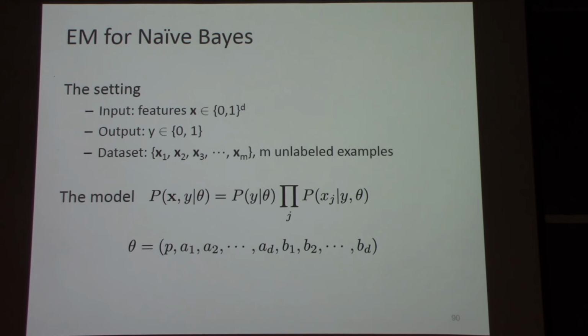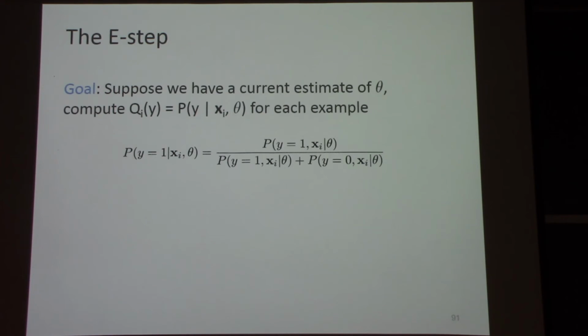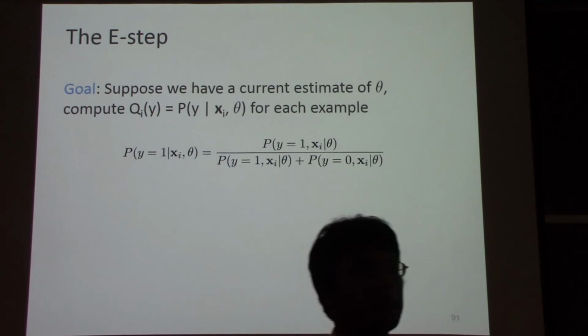This is a simple model, but even in very, very complex models where you have priors on priors on priors, the same thing happens. Then you try to do the E step. The E step is asking, suppose I give you a value of theta, can you tell me what's the probability that the label takes a certain value?